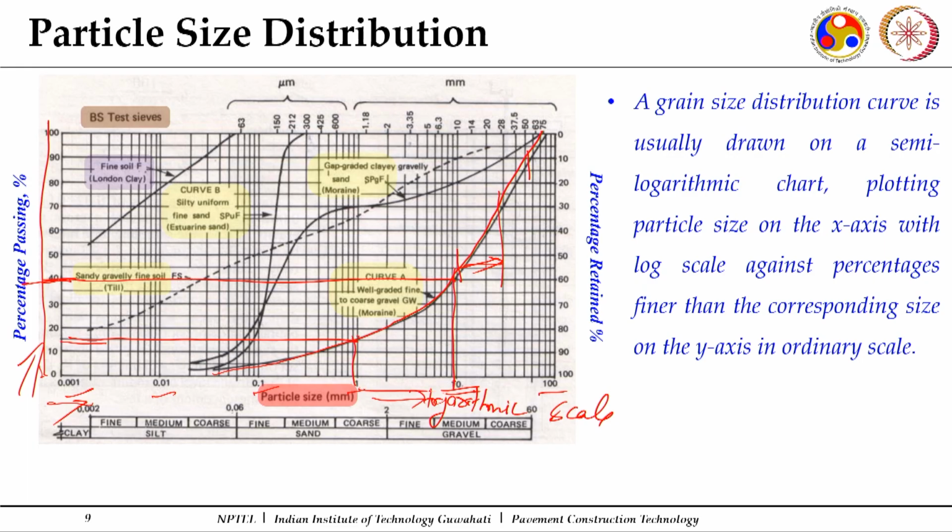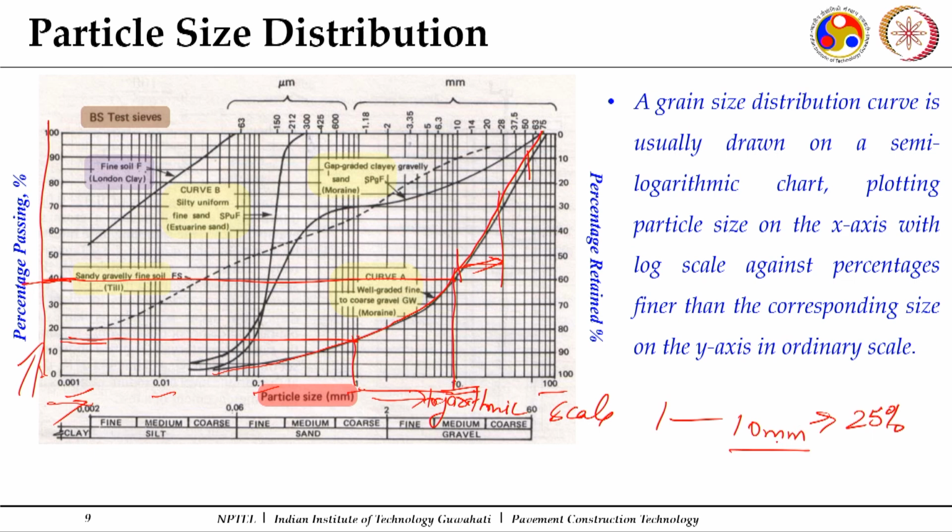So, in between 1 and 10 mm, from 15 to 40, around 25% material is present. So, from this I can work out that from 1 to 10 mm I have material in the range of around 25%.